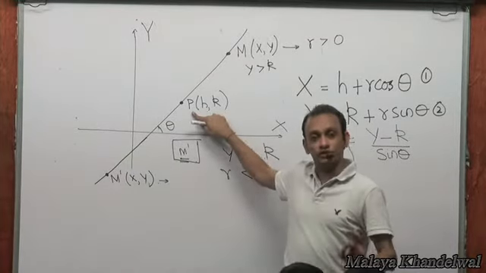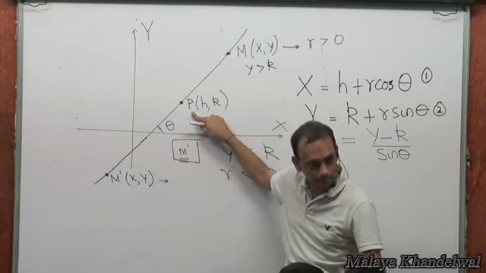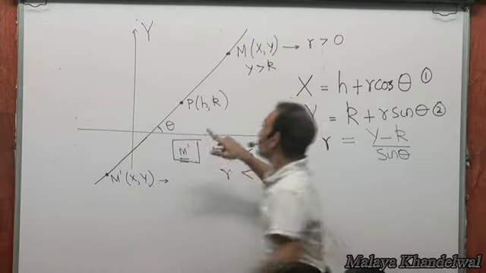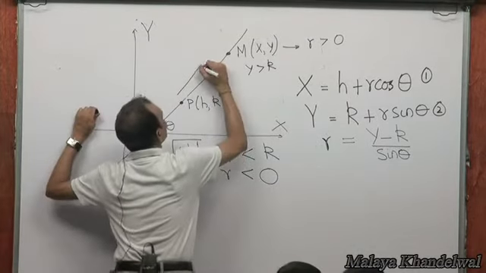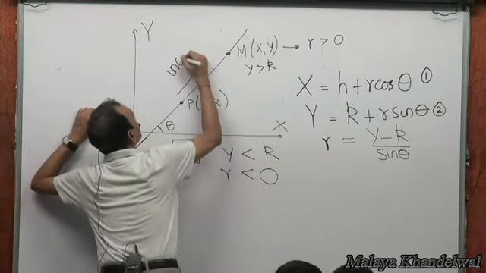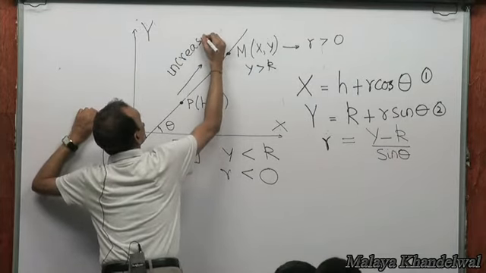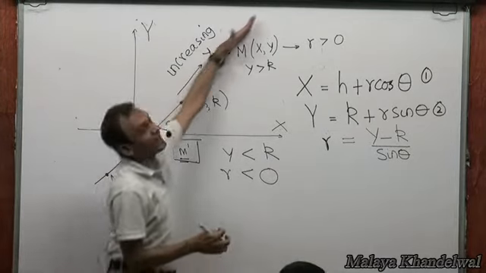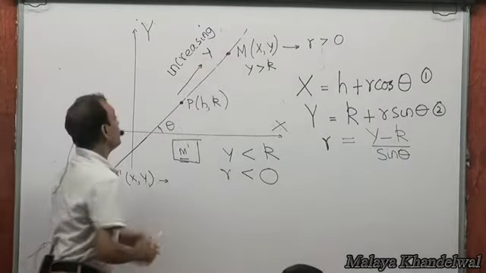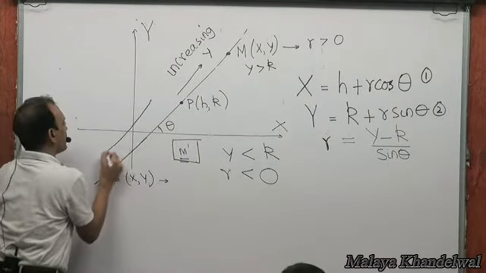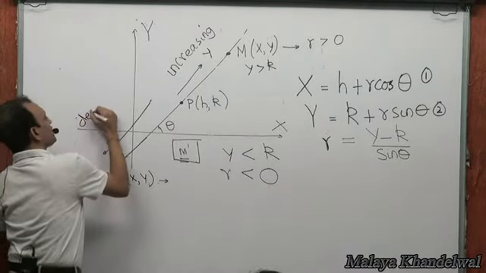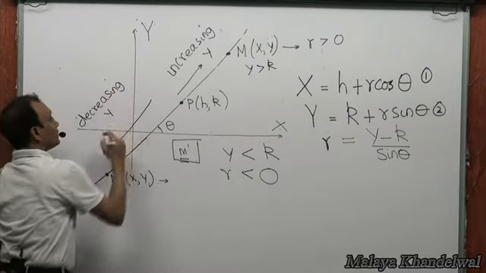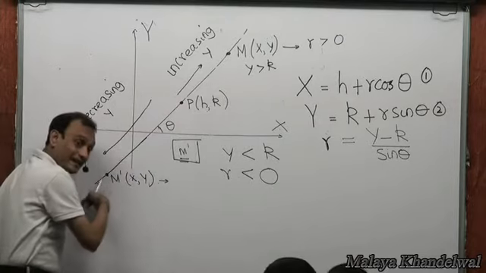Given a reference point, a fixed point P on the line, if you move in the direction of increasing Y's, the R's for points that occur here would be positive. If you move in the direction of decreasing Y's, the R for such points would be negative.